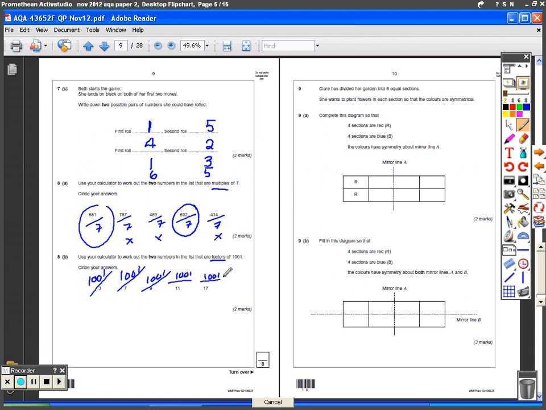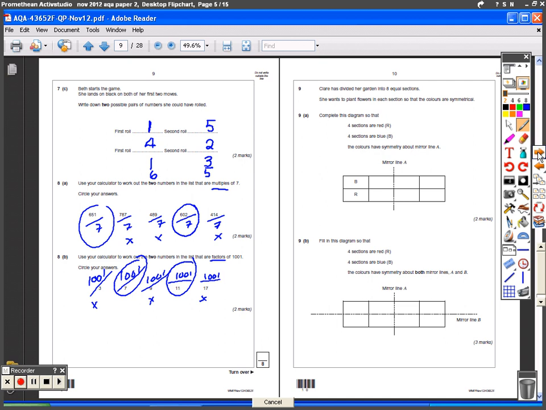Okay, and we see which one again comes out as whole numbers. That means that if it is a whole number, then that number would go into 1001. So that one comes out as a whole number, so therefore 7 must go into that. And this one comes out as a whole number, so 11 must be a factor of 1001 as well. These all show decimals, so therefore these are not factors of 1001.